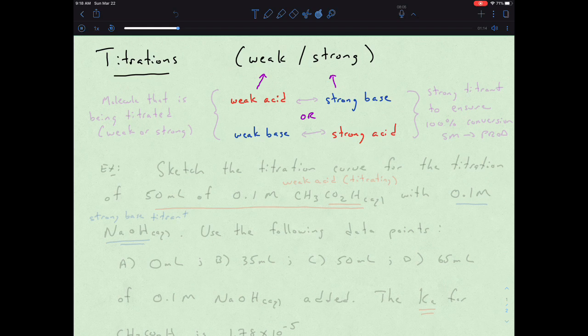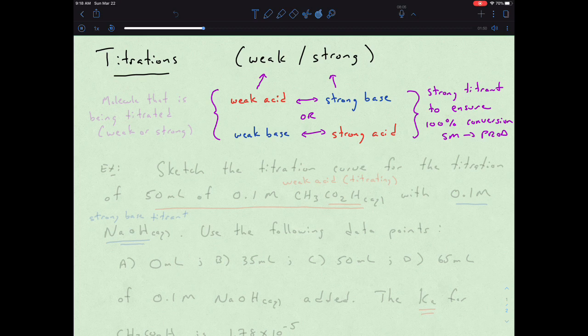So we always have this connectivity as far as opposite chemistry, acid and base, but also we always have to have basically the strong titrant, and that's to ensure 100% conversion from our starting materials to our product.